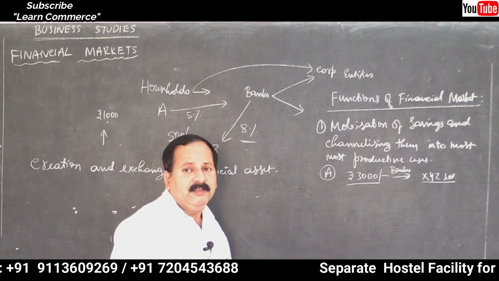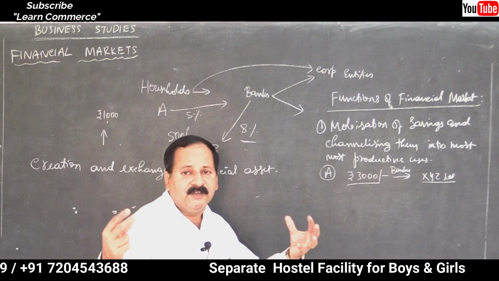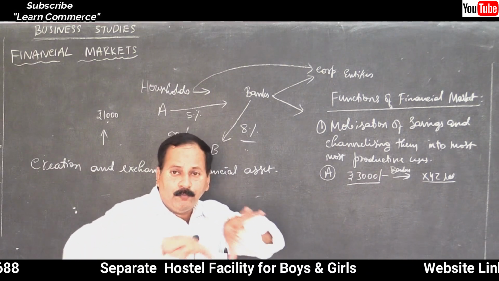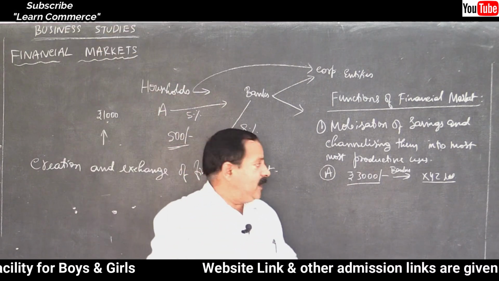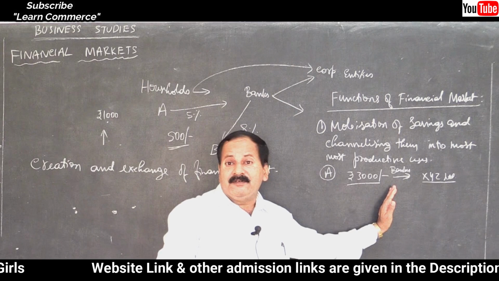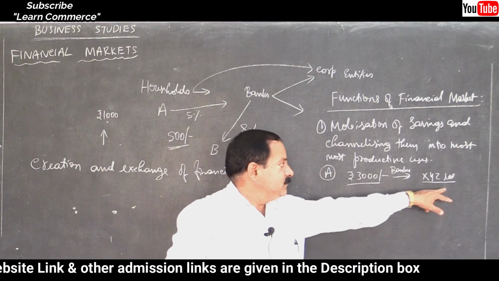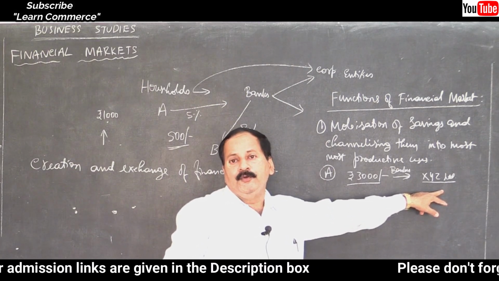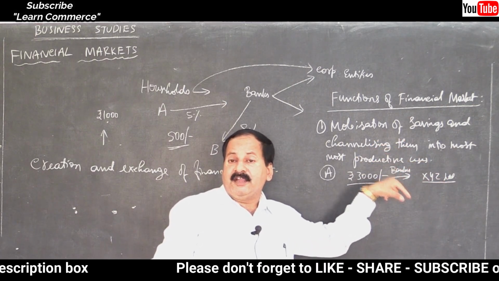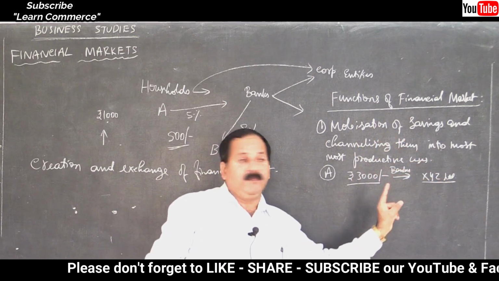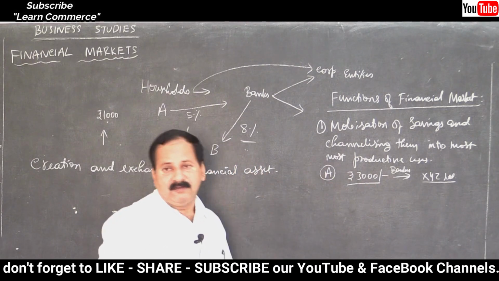They saved money, small amount saved by each person, pooled together, and it has become crores of rupees, and that amount has been diverted by the banker in the form of loan to XYZ Limited, where the banker will get higher rate of interest than given to these people.